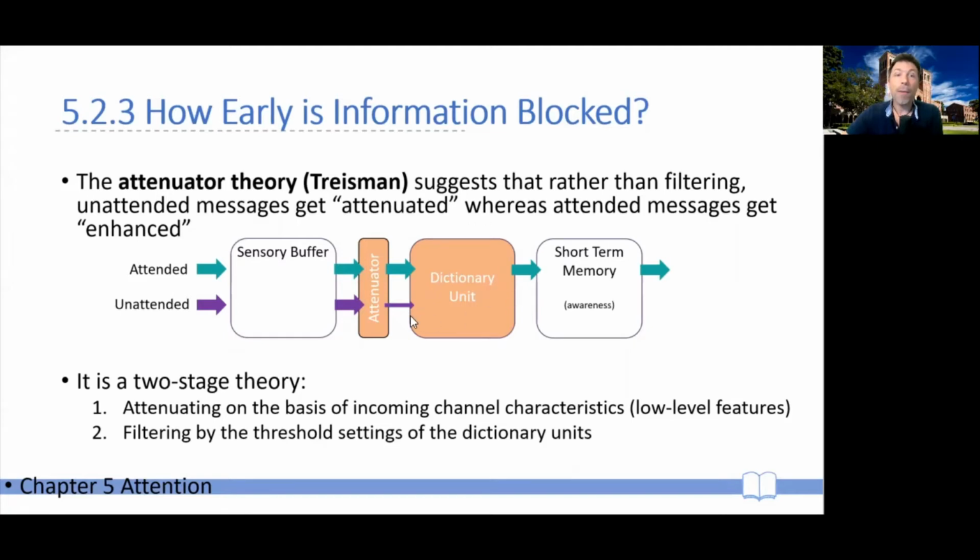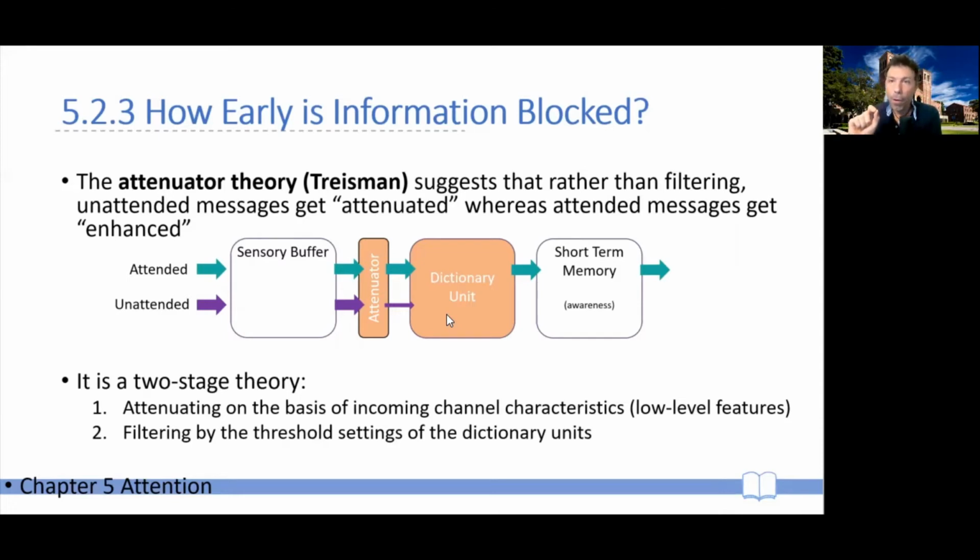For example, if your name comes in, even if it got attenuated, your name has a very low threshold for being recognized. So in other words, even if you're not listening to a conversation, let's say the stream of information from a conversation happening behind me gets attenuated, my name is said, it passes through the attenuator, it now has a lower volume, but inside the dictionary unit, my name is a high priority word.